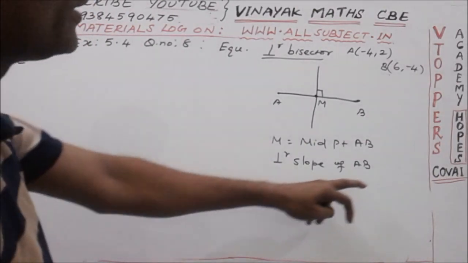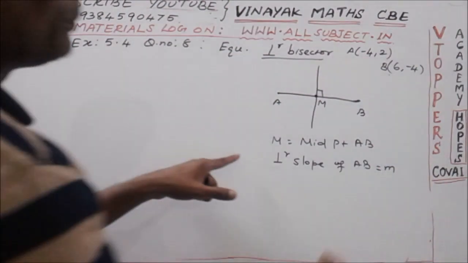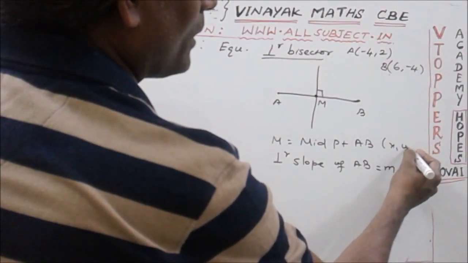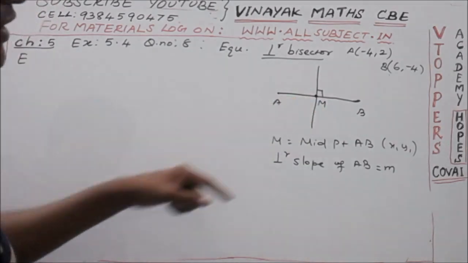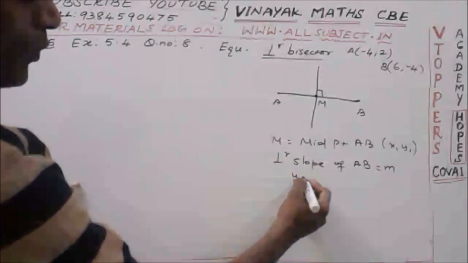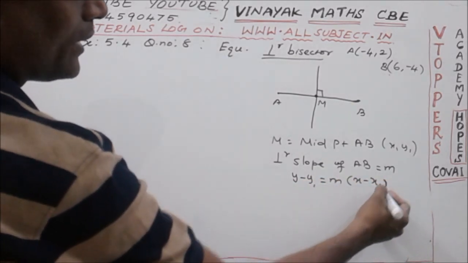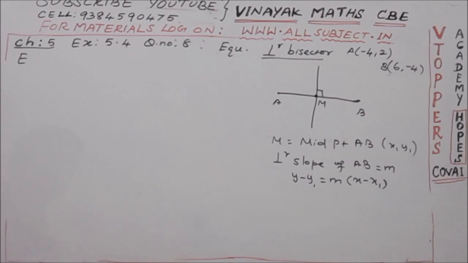So the perpendicular slope of AB is taken as m, and the midpoint of AB is taken as x1 comma y1. By use of these two, by applying the formula y minus y1 equal to m into x minus x1, we can conclude the required value.